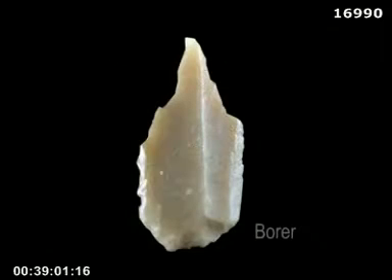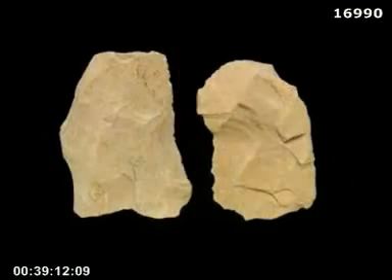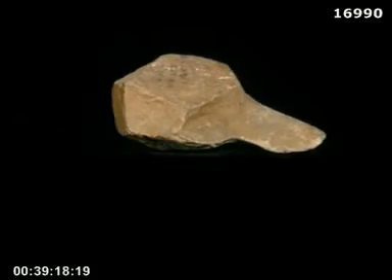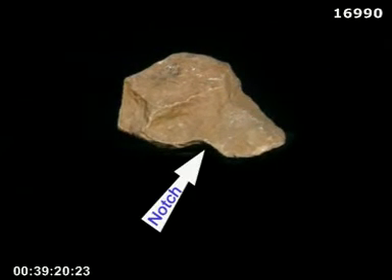The next tool type is borer. It has a thick projected boring edge which has been produced by retouching carefully. It is made on either a flake or nodule by making deep notches on the sides.